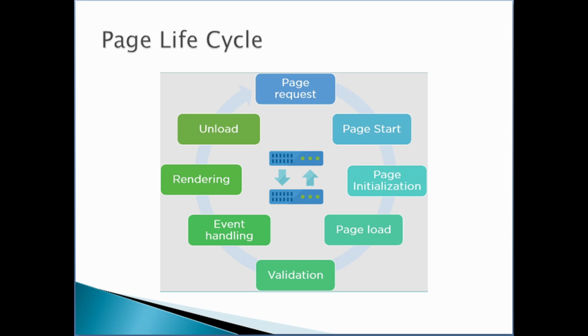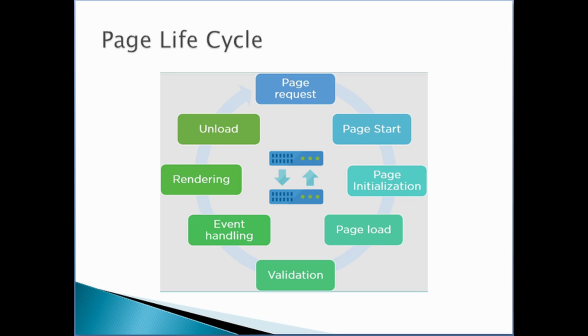The different phases of the page lifecycle are page request, page start, page initialization, page load, validation, event handling, rendering, unload. So what is page request? Page request is the first step of the page lifecycle. When a user request is made, the request is checked and the pages are compiled. Once the compilation is done, the response is sent back to the user.